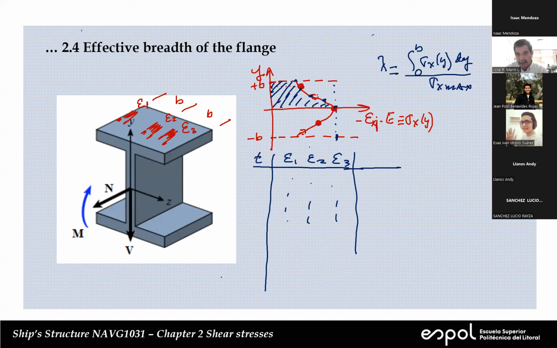With these values, you can interpolate and you can get the values of this curve. That probably is going to be a cubic curve, right? So you can have A0, A1, A2, and A3. After you do this, you can do this for every point.